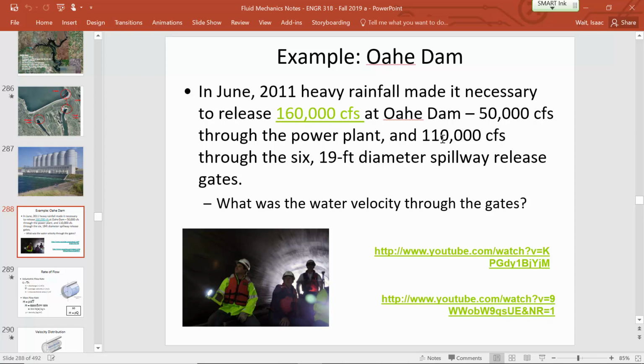Just for some perspective, it's usually assumed that between 10 and 20 feet per second is at the high end of what's safe to have flowing over typical concrete. If you have more than 10 feet per second over concrete, then over time there's going to be a lot of scour, and even in the short term there could be cavitation, because high velocity, remember, causes low pressure, and if the pressure gets low enough, it can fall below the vapor pressure of a liquid.